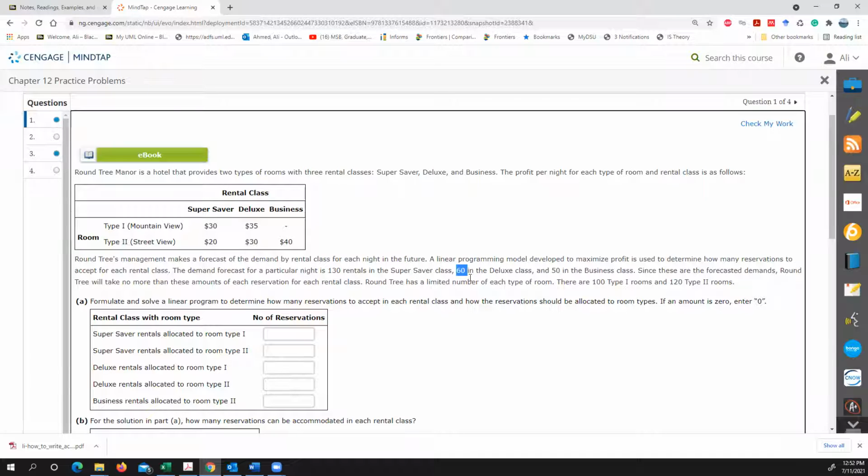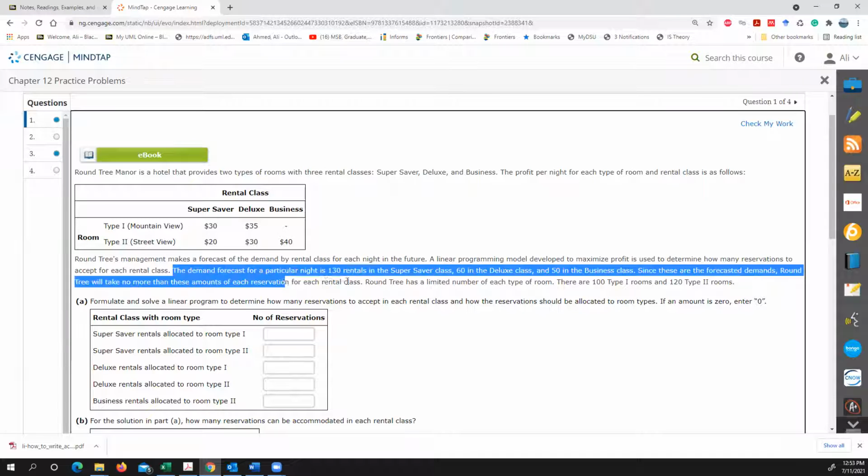And then they have forecasted that the demand will be 60 and 50. Since these are forecasted demands, Roundtree will take no more than these amounts of each reservation for each rental class. So for the rental class, they know the demand and they know their room types.